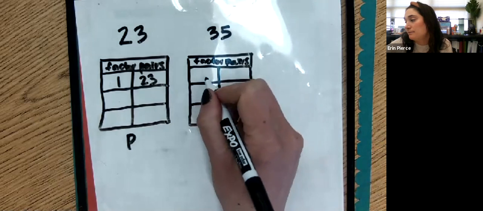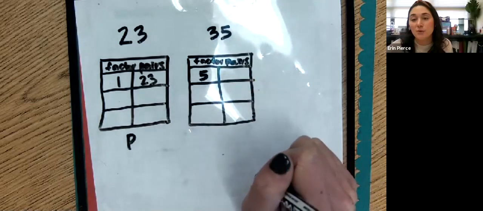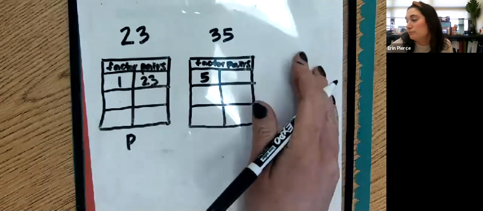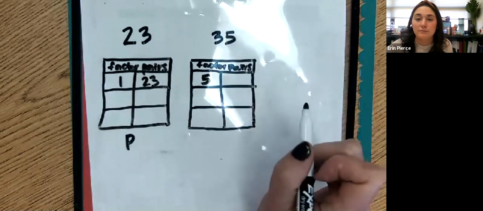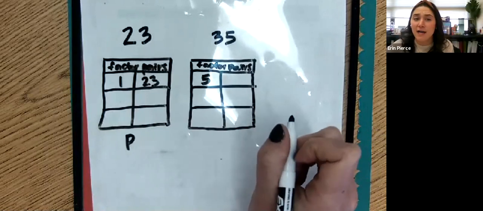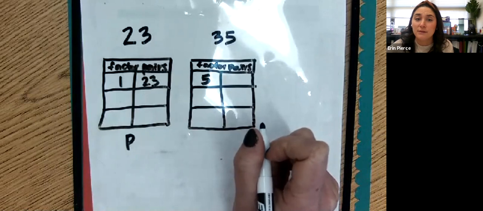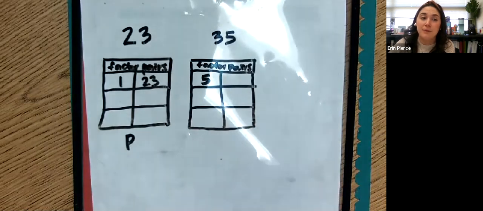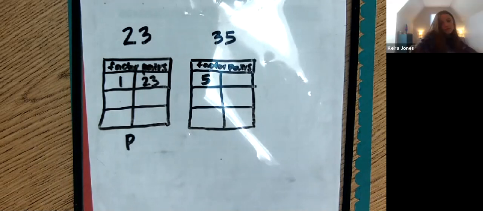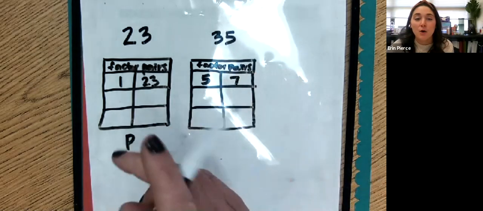Scotty. What goes with 5 in 35? Kira. 7 and 5. Yep. 5 and 7.